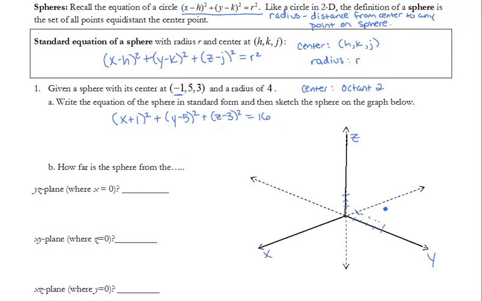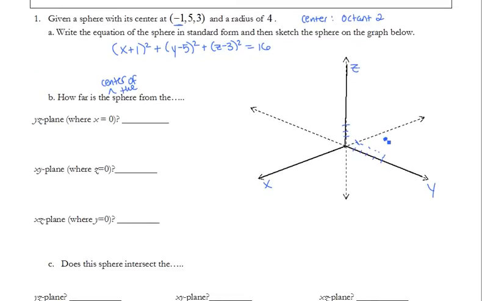Now here's a couple different type of questions. How far is the sphere from the, we're going to actually specify that to how far is the center of the sphere from the YZ plane. So when you think about this, let's go ahead and sketch our sphere before we look at this.